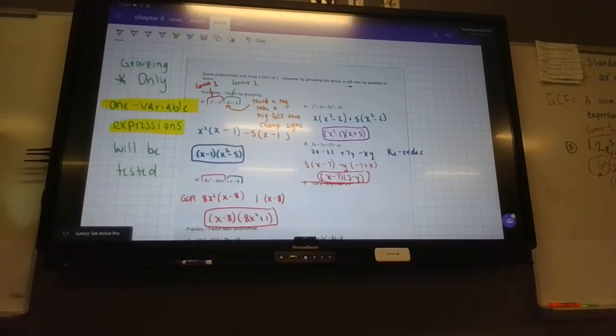Okay. Grouping. All right, here's some answers. Looks like I'm missing letter C. So I'll put some of the more challenging answers up too. So this would be, is that a 27?